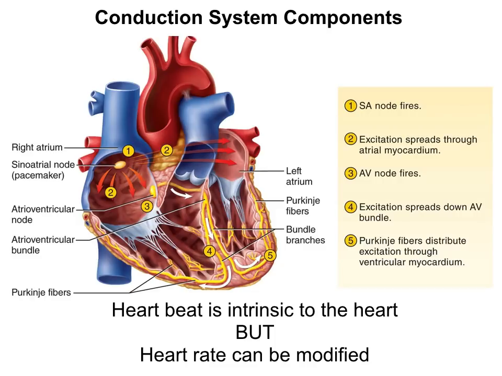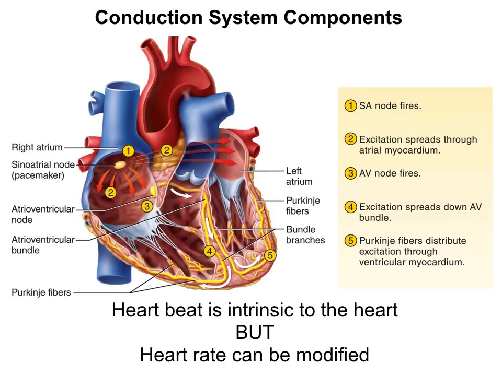The SA node fires first, it fires faster, so the atrioventricular node basically keeps pace with the SA node. However, if the sinoatrial node fails, the atrioventricular node can create enough action potentials per minute to keep you alive.